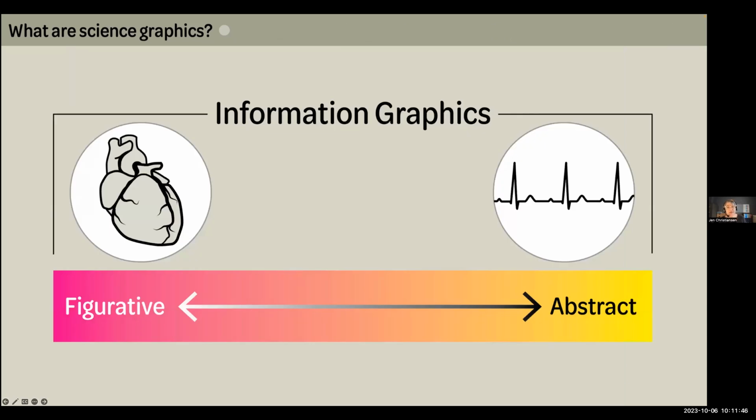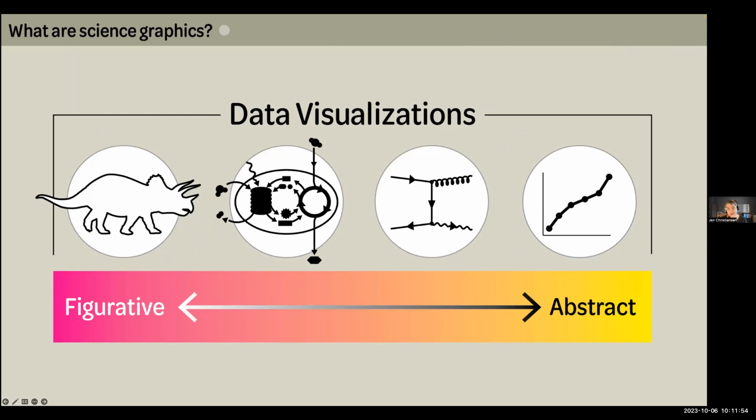So I tend to think of information graphics as a continuum with figurative representations on one end and abstract representations on the other. In the world of science, you could argue that that full continuum can also be referred to as data visualizations.